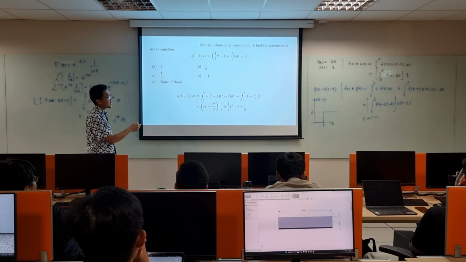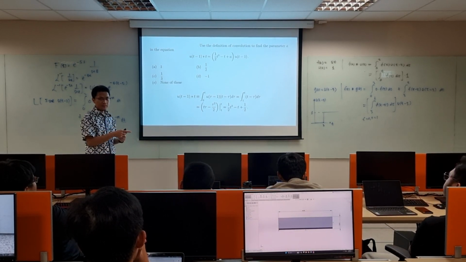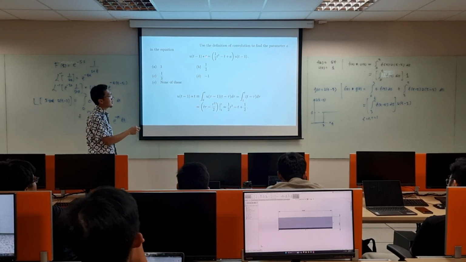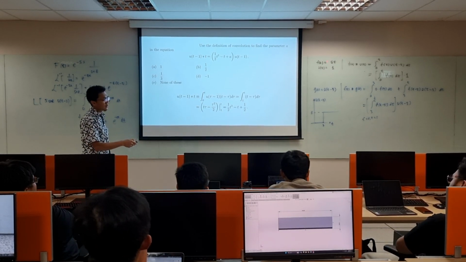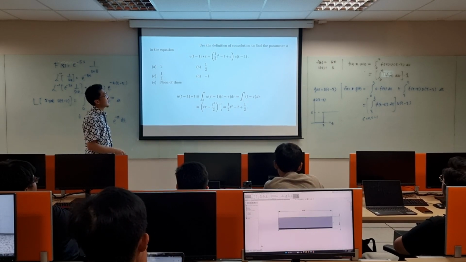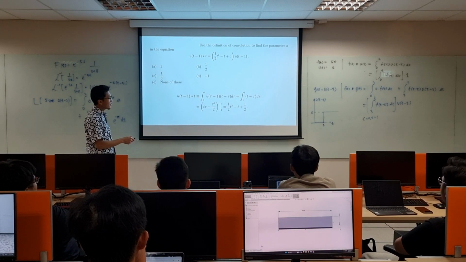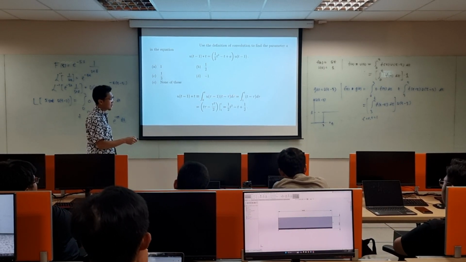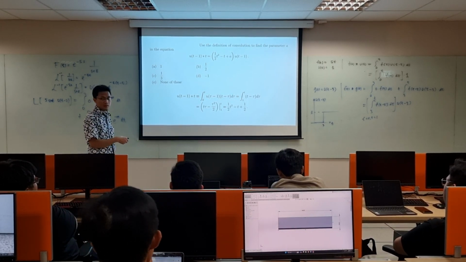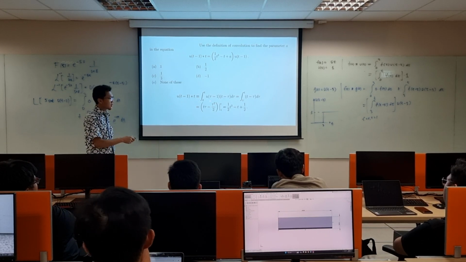u(t-1) is a delayed step, and the t is the f(t) that we have here. And then when we integrate, we have from 0 to t. This is the complete form, from 0 to t.